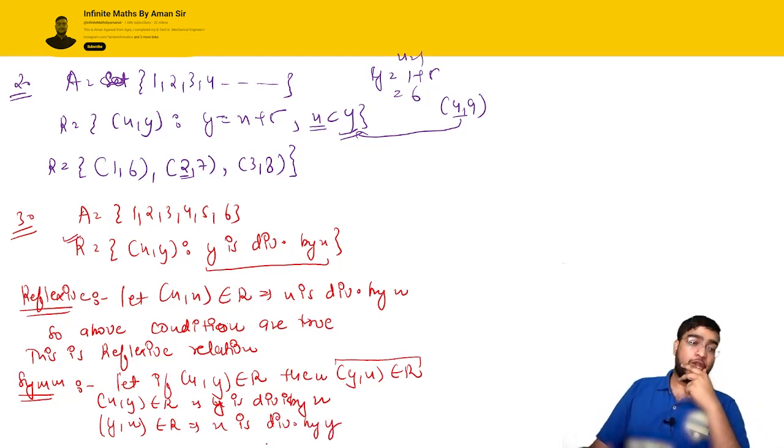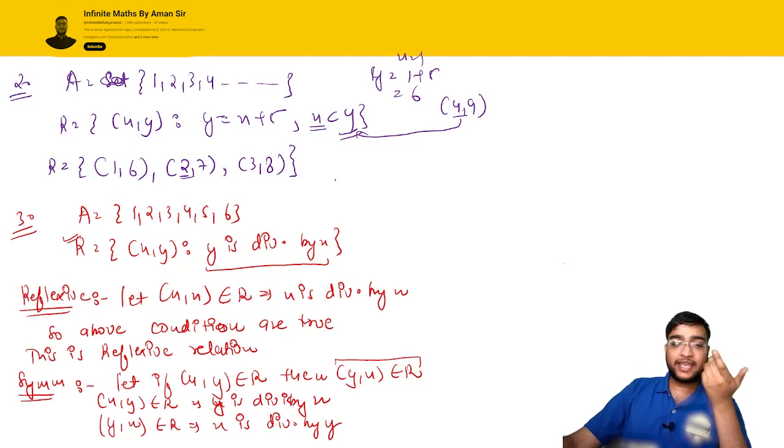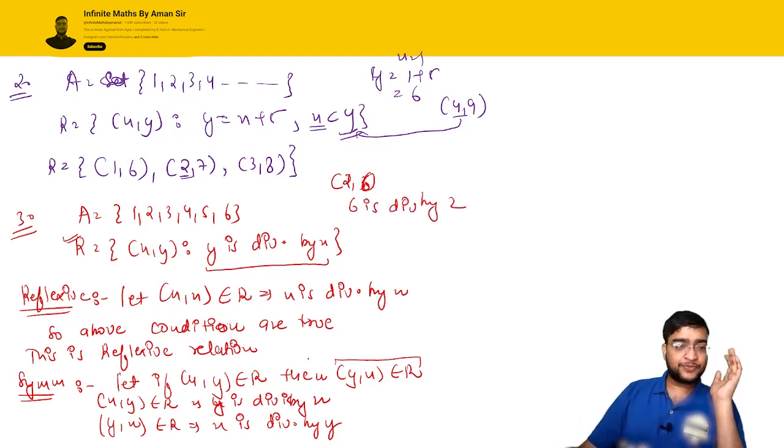I can say no. If I take the element 2 comma 6, then 6 is actually divisible by 2.